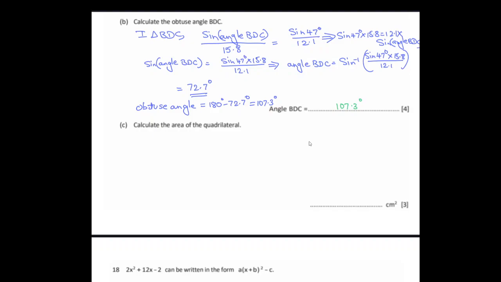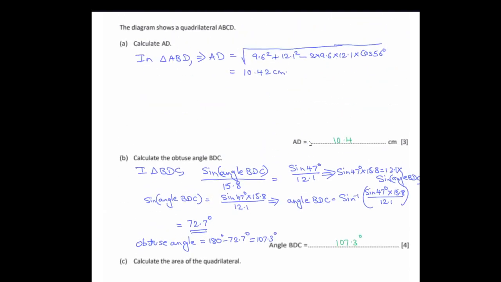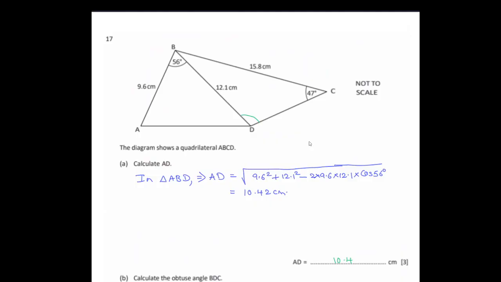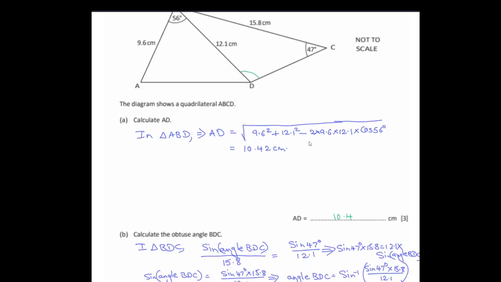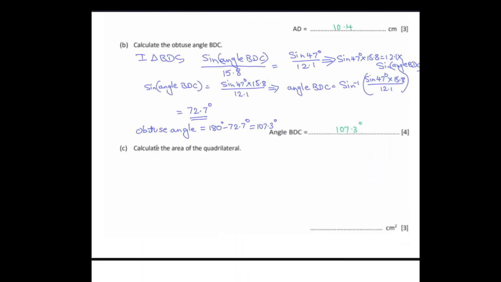Question number C. Calculate the area of the quadrilateral. Now in finding the area of this quadrilateral, we need to find the area of triangle ABD and area of triangle BDC. Both you need to add.